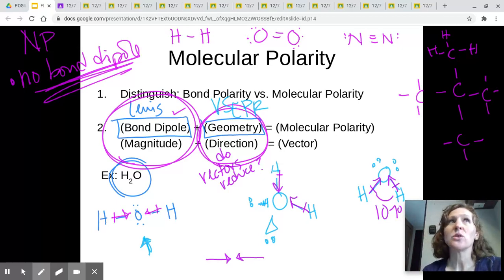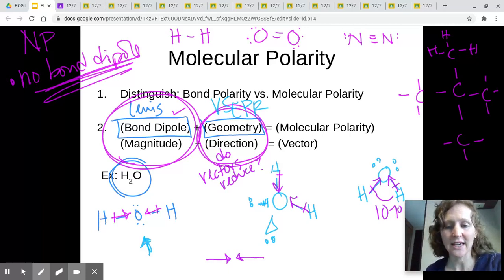The other way you could think about it is in terms of symmetry. Do you have symmetry? If they're perfectly symmetrical, right, they're equal and they're symmetrical, then they are going to cancel each other. If they're not equal and symmetrical, then they're not going to cancel each other out.